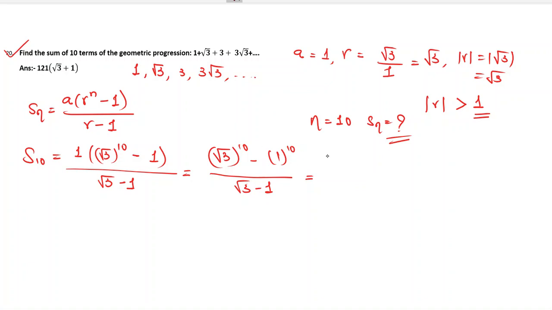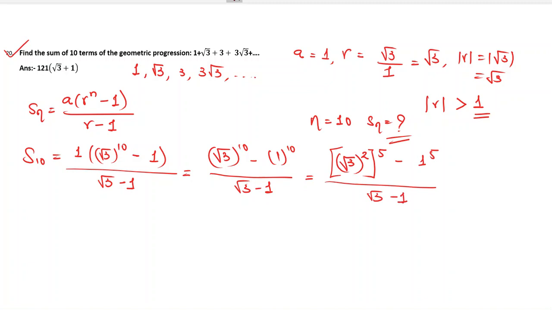Can I write this as root 3 the whole square, the whole raised to 5 minus 1 raised to 5, the whole upon root 3 minus 1. You know why I'm writing like this?